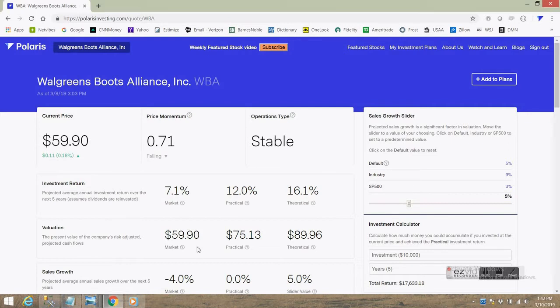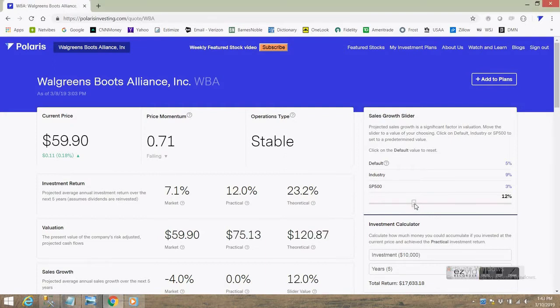How much is it willing to change its opinion about a -4% sales growth to get closer to the theoretical sales growth of 5%? Well, there's only so much tolerance there, and what dictates how much the market would be willing to move is the magnitude of the selected sales growth.